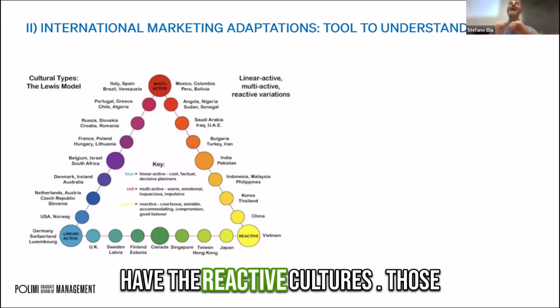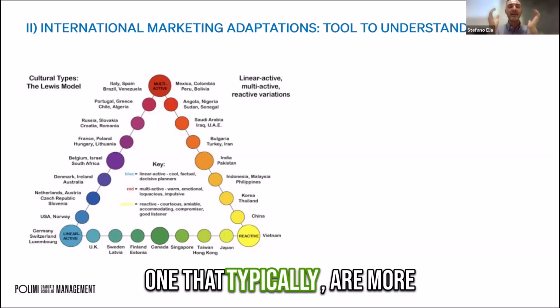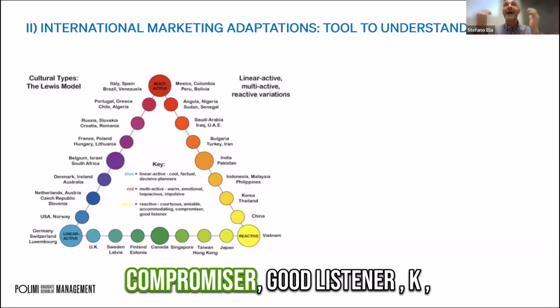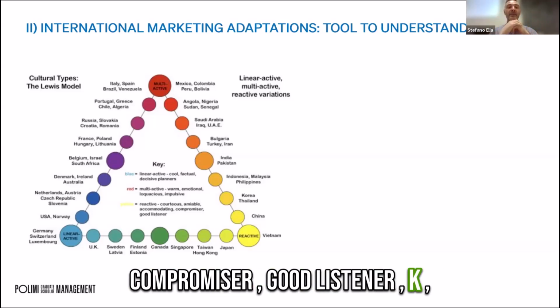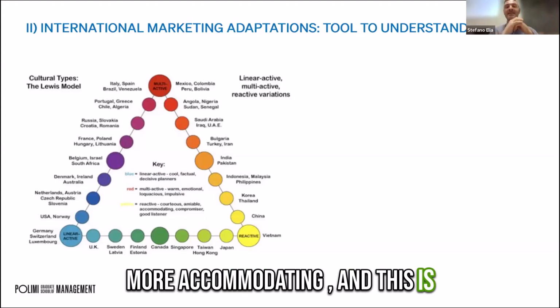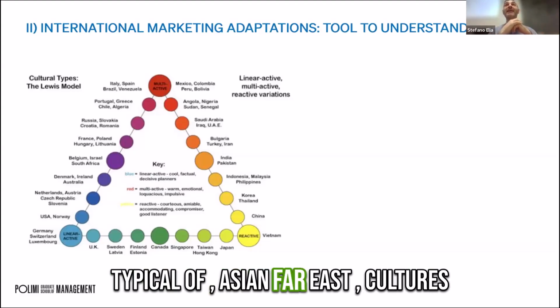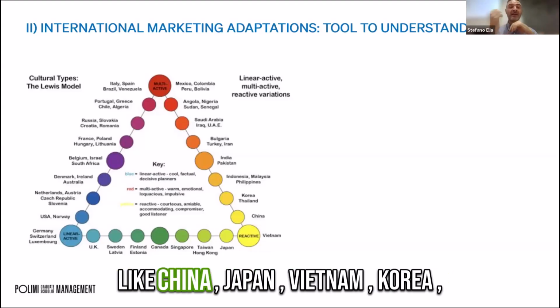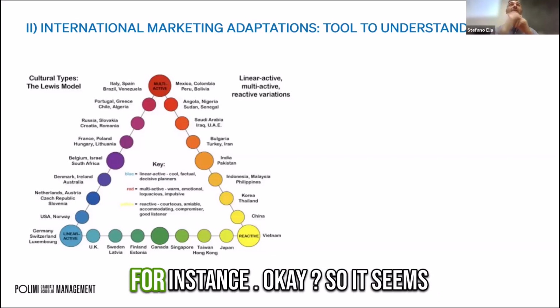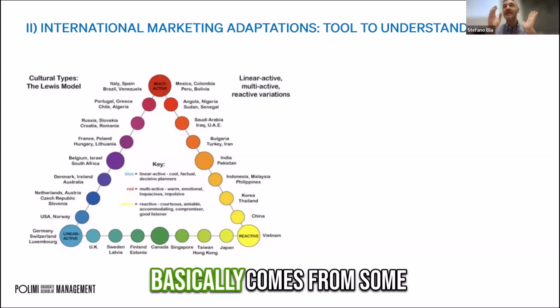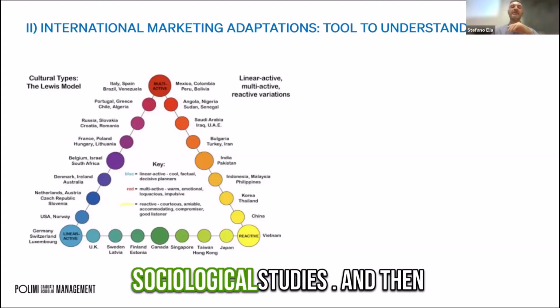And then we have the reactive cultures, those that are typically more compromising, good listeners, more accommodating, and this is typical of Asian, Far East cultures like China, Japan, Vietnam, Korea, for instance, okay? So it seems similar to stereotyping, but basically it comes from some sociological studies.